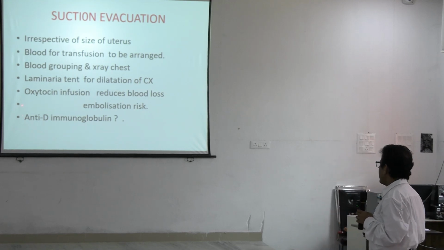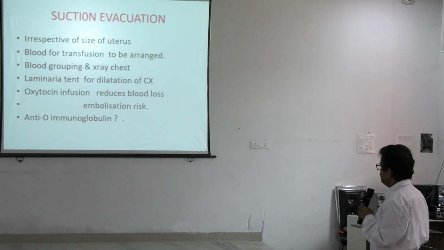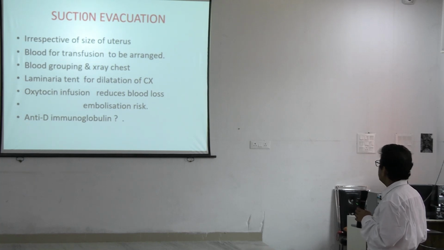So it is better to administer anti-D immunoglobulin to prevent Rh immunization in case of an Rh negative mother. So with suction evacuation, these are the points you have to remember.